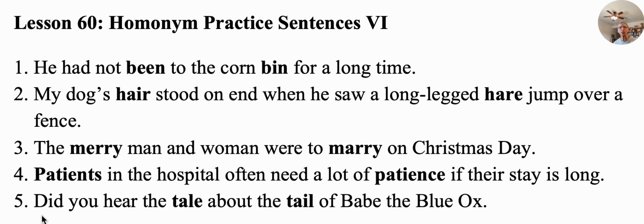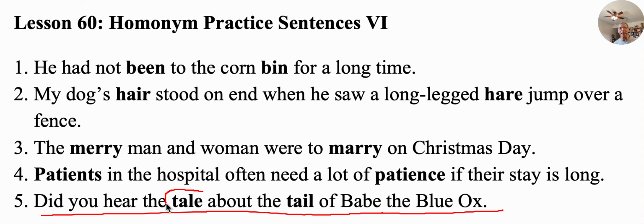Last one. Did you hear the tale about the tail of Babe the Blue Ox? The first one, T-A-L-E, is a story, like the tale of Peter Rabbit. And T-A-I-L is the tail, like the tail on your dog, your cat, or on Babe the Blue Ox.